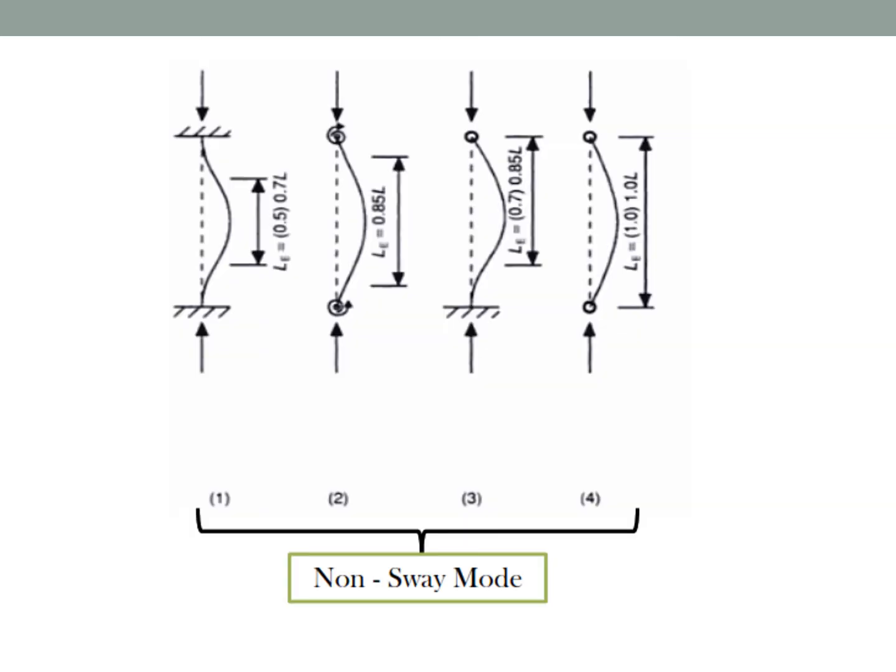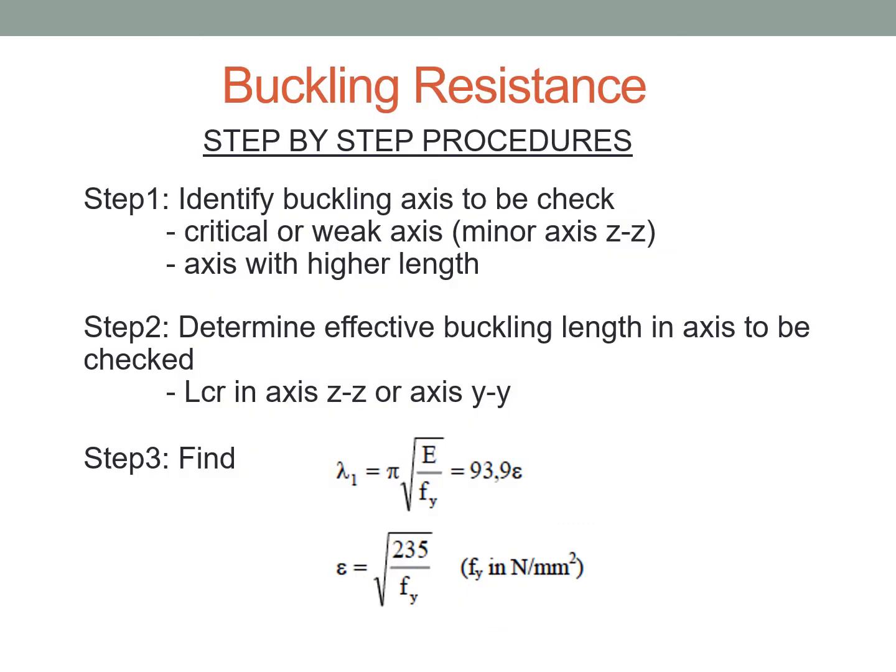Okay, so the condition is taken from this diagram for non-sway mode of column. Alright, let's revise. How do we calculate the buckling resistance for columns? Here is the step-by-step procedure summary. The first thing you have to do is identify your buckling axis, which buckling axis you are going to check.